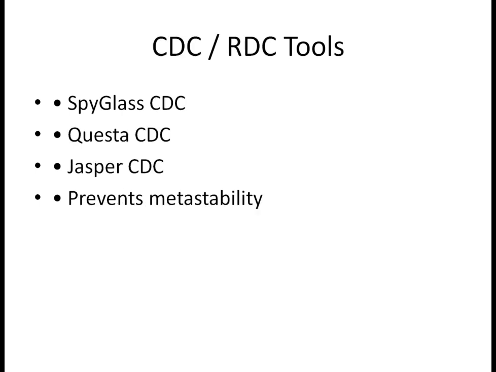Okay, so next will be your CDC and RDC. Again, I have already explained this, but I just mention the tools. From Synopsys we have Spyglass CDC, Questa CDC, Jasper CDC. It depends on what different vendors name them, but the way of debugging and the rules will be mostly the same.